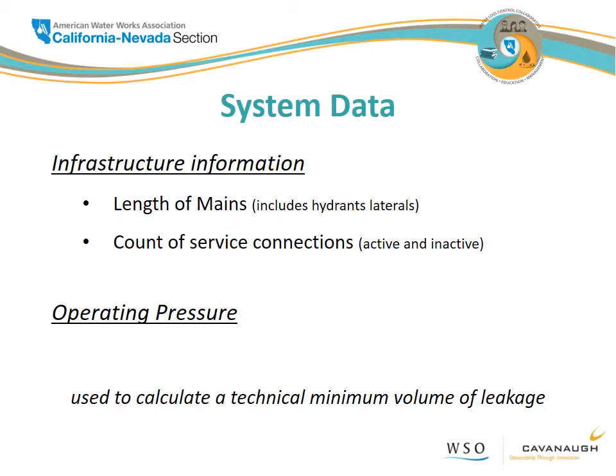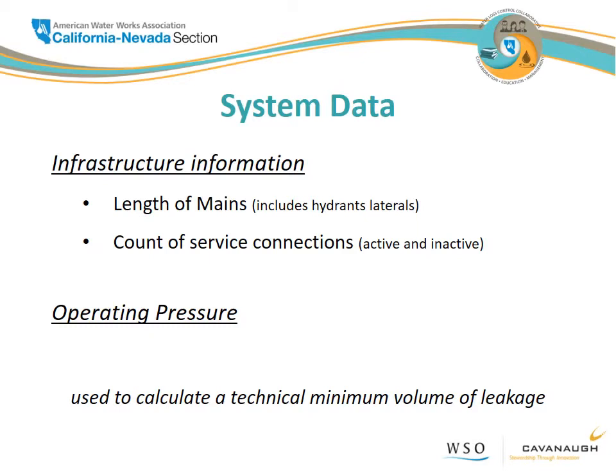That is intended to represent physical points of service, those service lines, so it would include inactive services. Typical examples would be a vacant house or a vacant lot where a water service line does exist, but there may not be active usage. So keep those in mind as you're interrogating perhaps your billing system or whatever data system you have to determine the number of service connections.